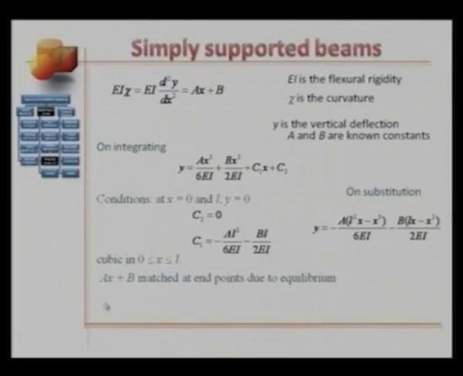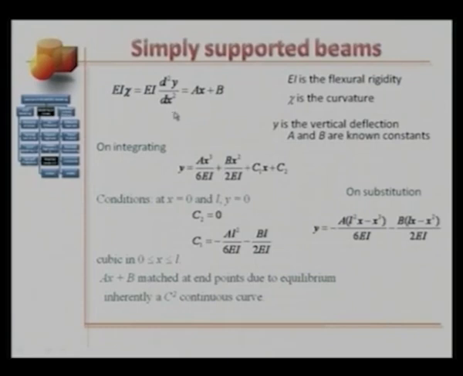One should note that Ax plus b, which would represent the moment conditions at any cross section, is matched at endpoints due to equilibrium. If we observe this relation closely, this seems to be inherently a C2 continuous curve, because you would be able to differentiate this at least twice.